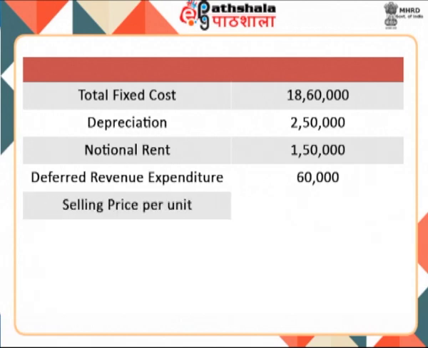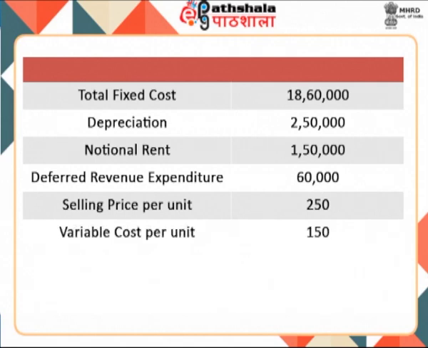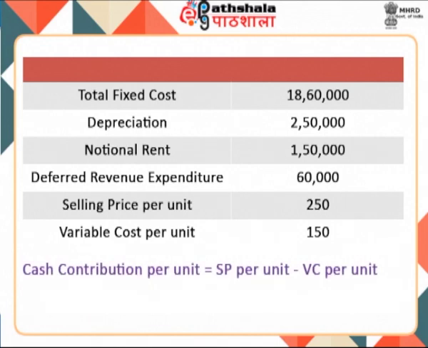The selling price per unit is rupees 250 and the variable cost per unit is rupees 150. Cash contribution per unit can be calculated by subtracting variable cost per unit from selling price per unit, that is rupees 250 minus rupees 150, which comes out to be rupees 100.